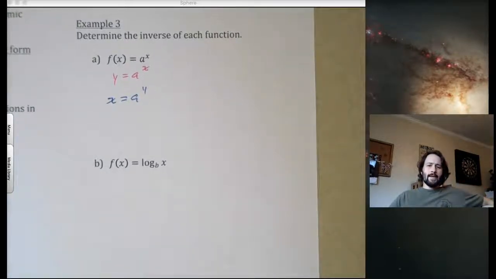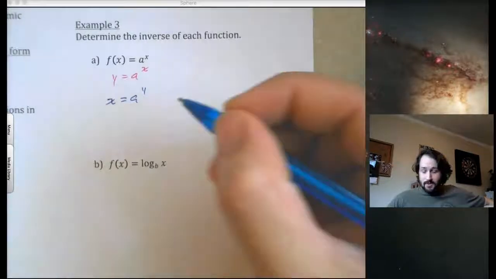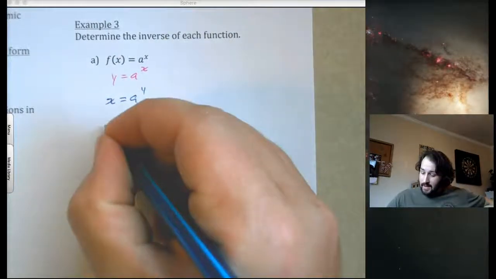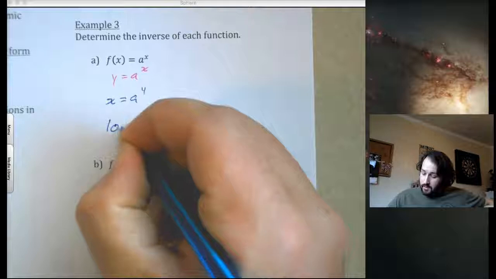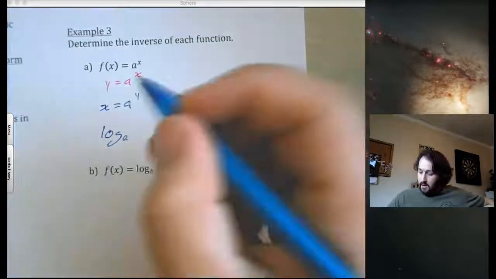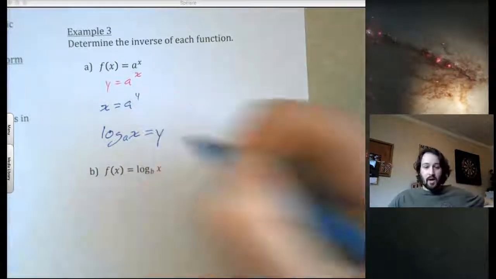How do we do that? I bet it's with logs. Yeah, because we're learning about logs. So this is the way it works. The base is a. So I can say log with a base of a, of x equals y.